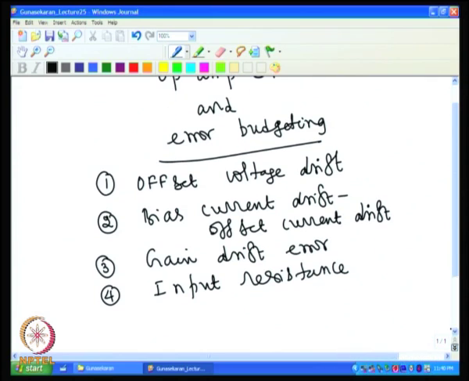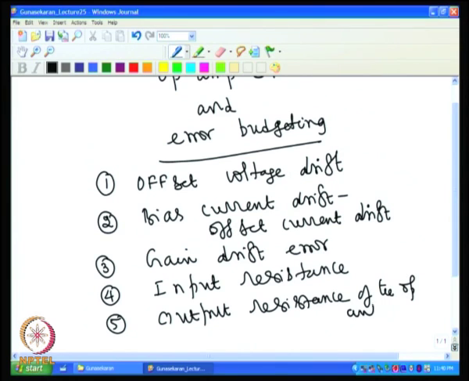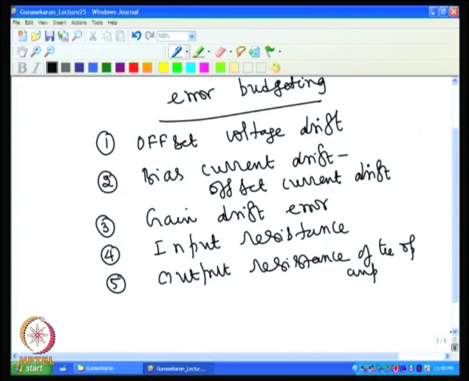Then we had the output resistance of the op amp, then the errors due to common mode rejection ratio introduced error.